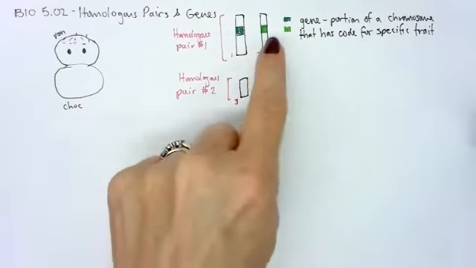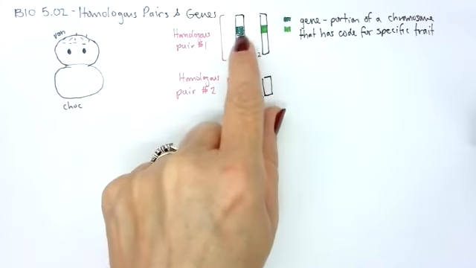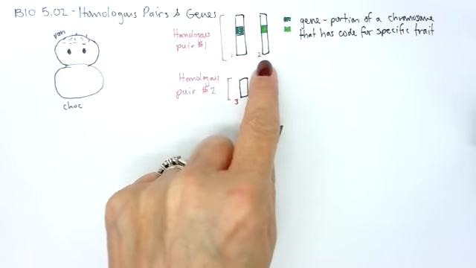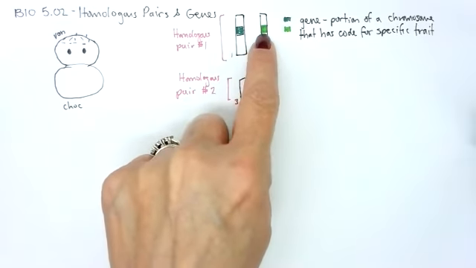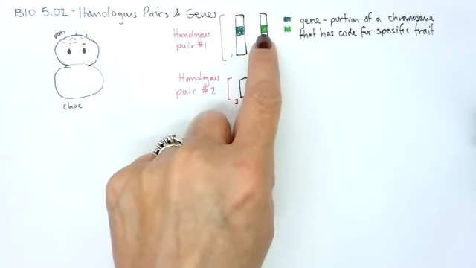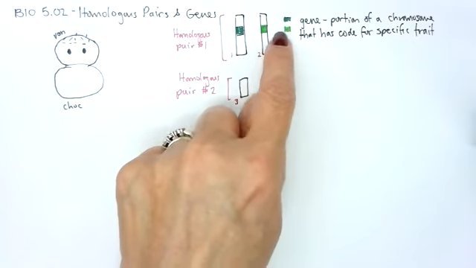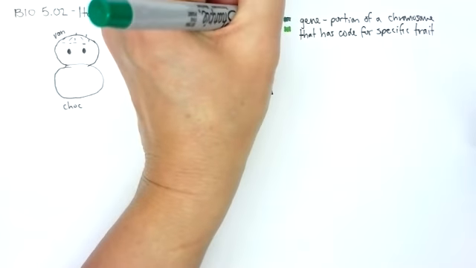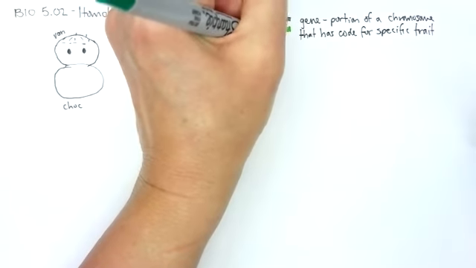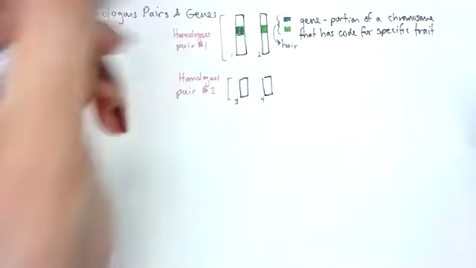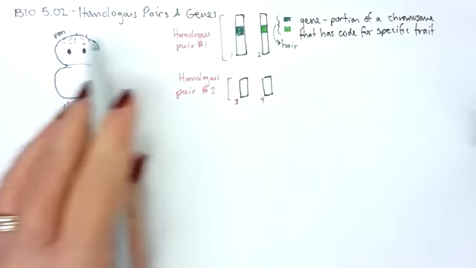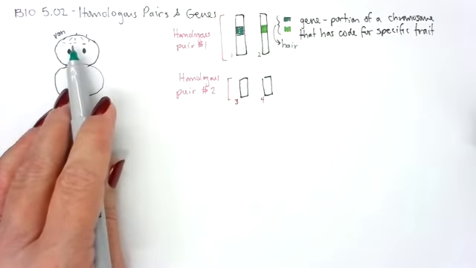So what we're saying is, at this section of chromosome number 1 and chromosome number 2, there is a portion of this that has a code for a specific trait. These two are the code for hair. So this combination of genes gives rise to sprinkle hair.